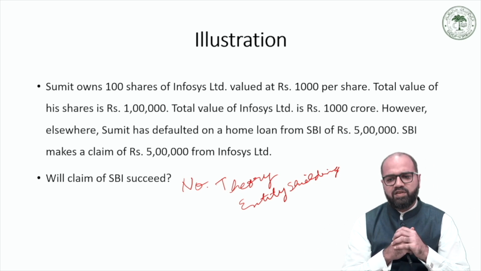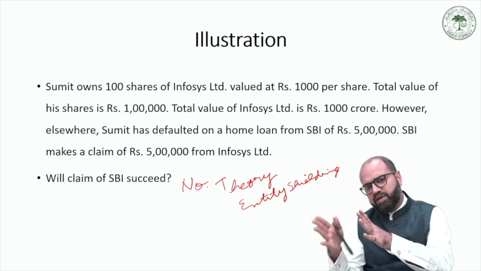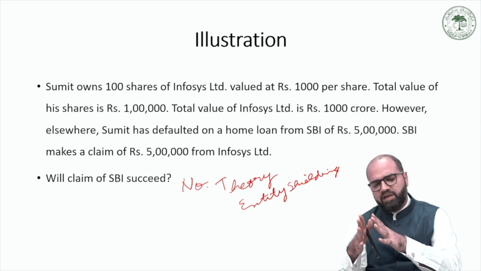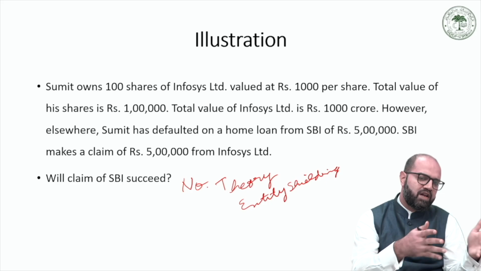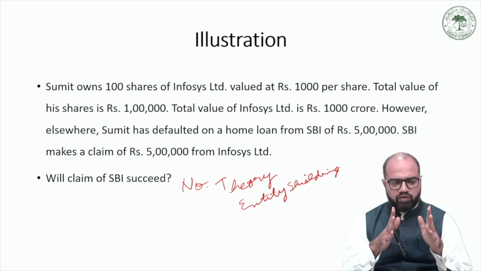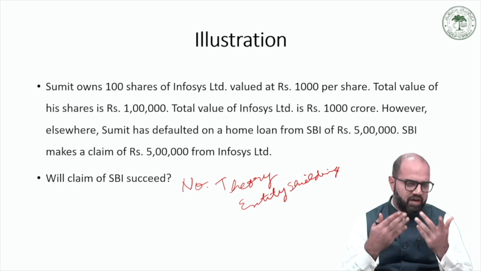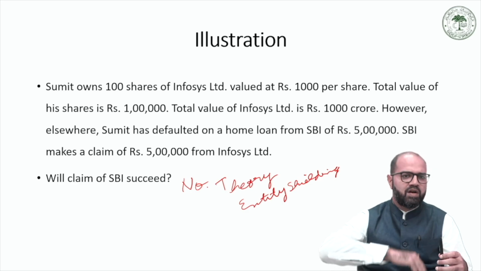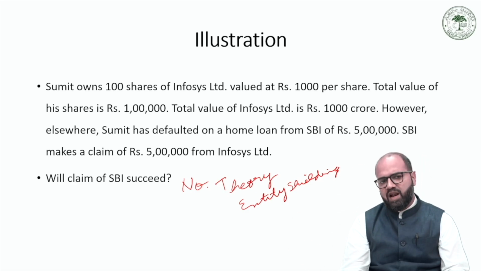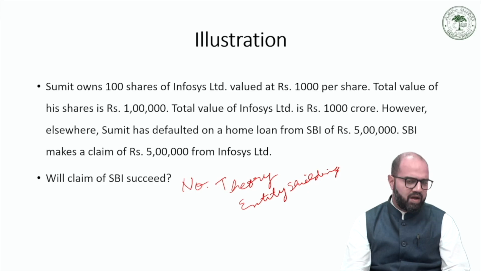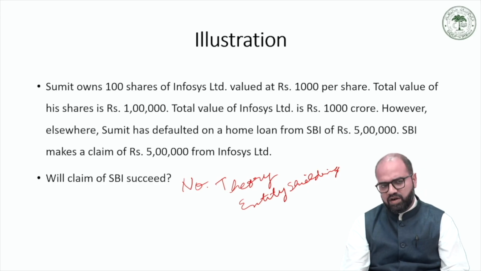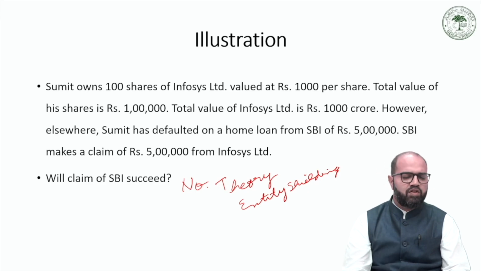In that case, because the separate legal personality of a company makes it different from the legal personality of the shareholders, the liabilities of the individual shareholders remain their own liabilities and are not transferred as liabilities of the company in which they are shareholders. So this is how the theory of entity shielding operates in real life scenarios and situations.